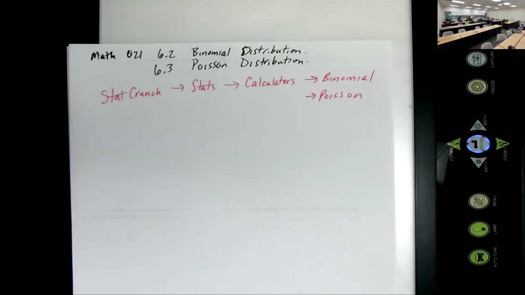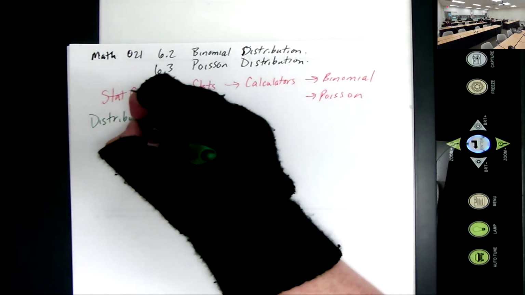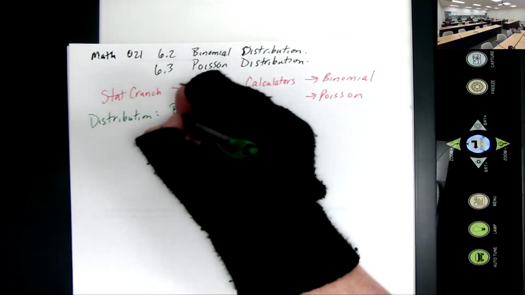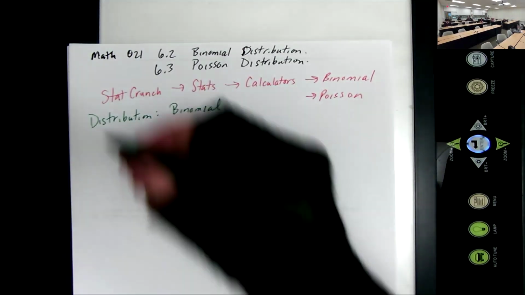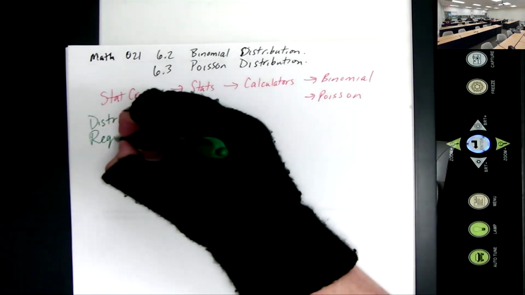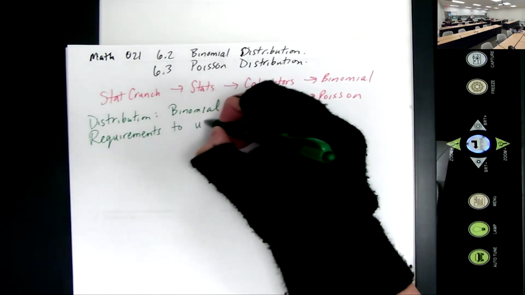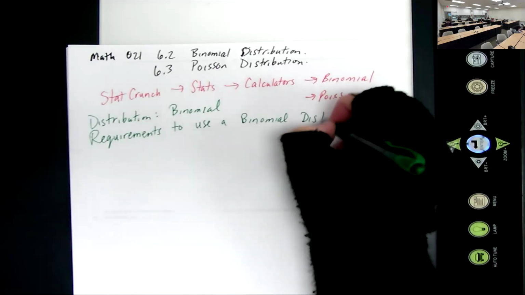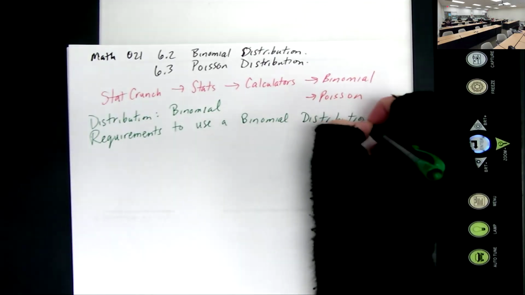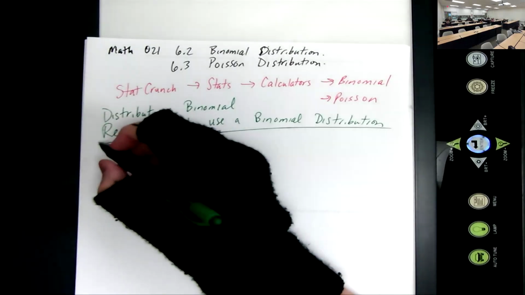Alright, binomial distribution. So there are some requirements that must be met to use a binomial distribution. A. Bi is like bicycle.